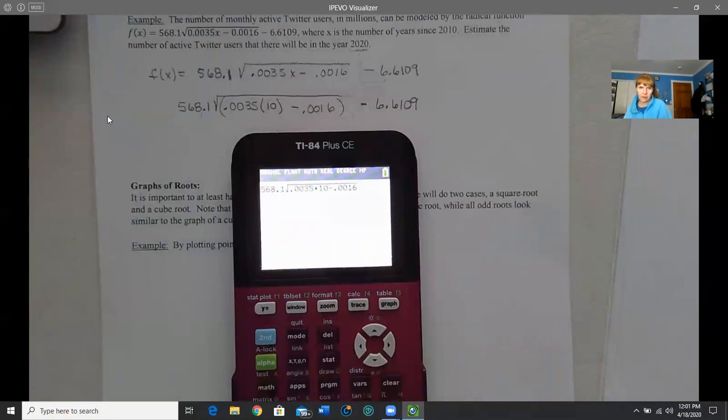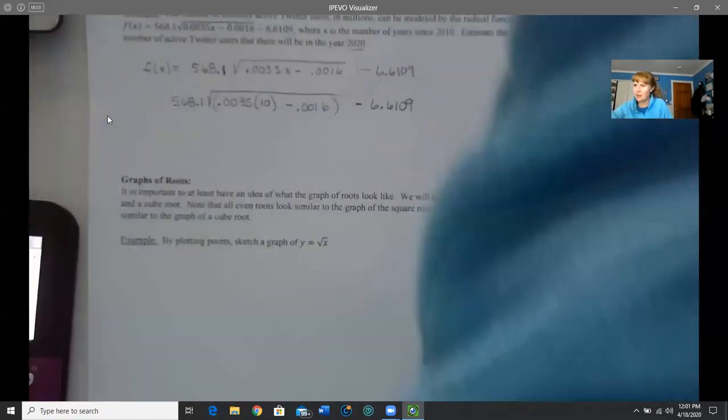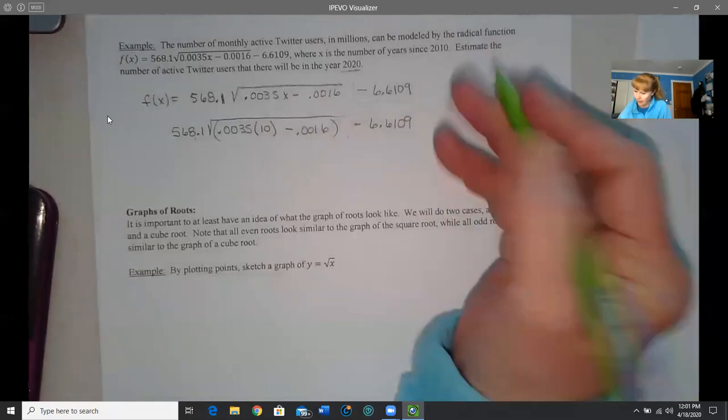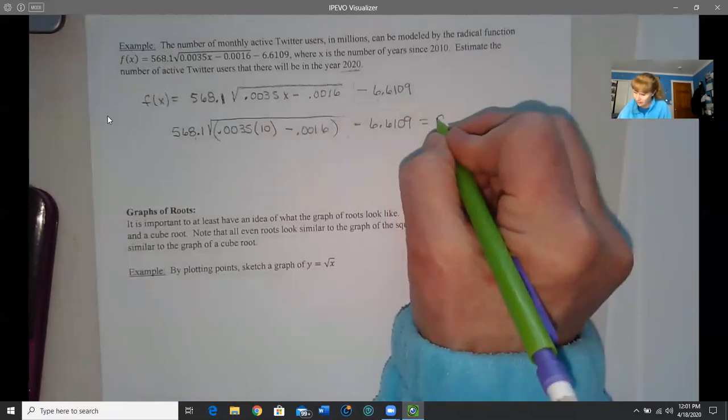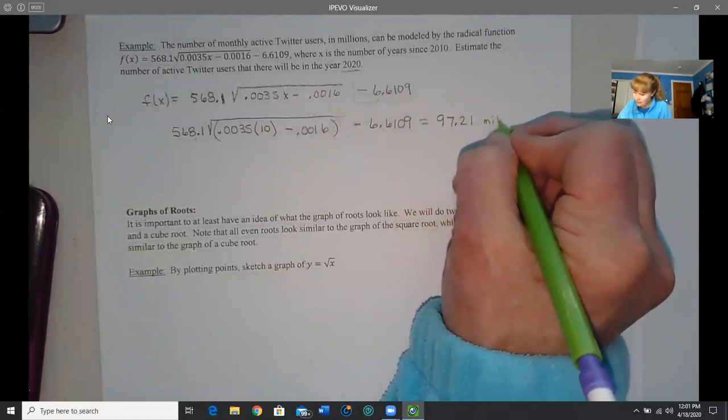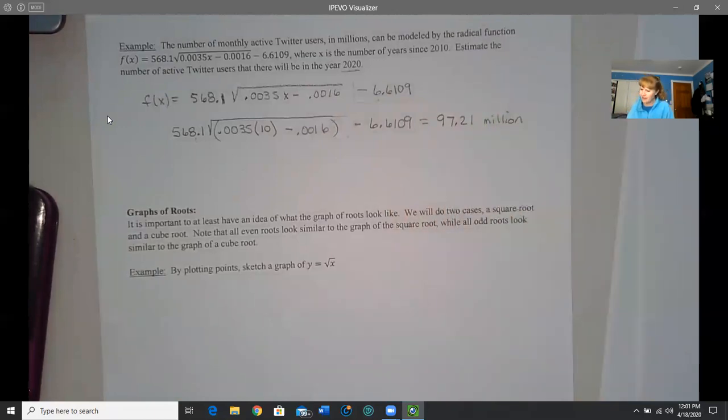Okay, now it's no longer under the radical, and you do your subtract 6.6109, enter. About 97.2 million. So I'm going to turn this light back on. All right, so mine came out to be, and I really don't know what the actual is, 97.21 million.